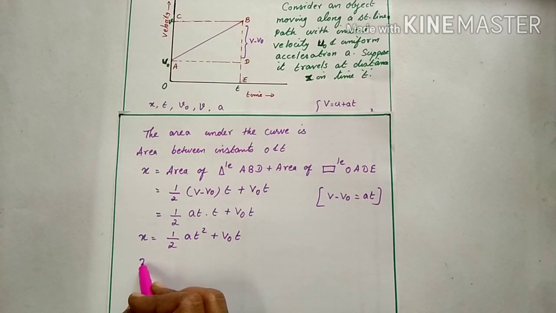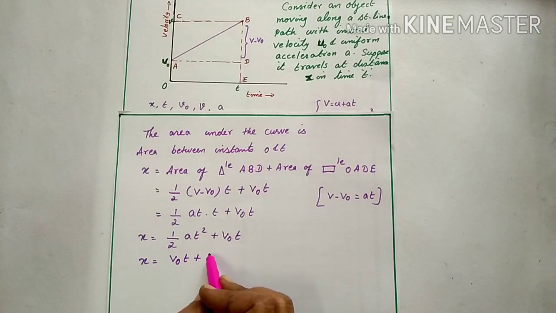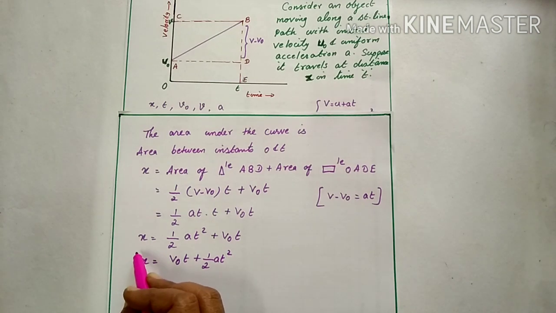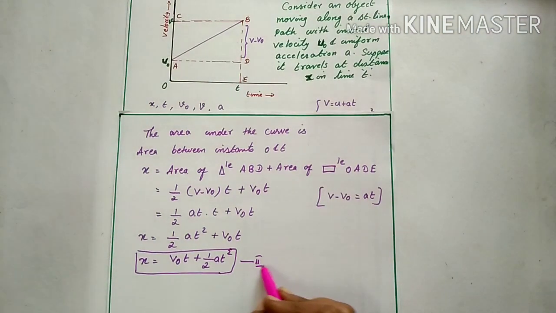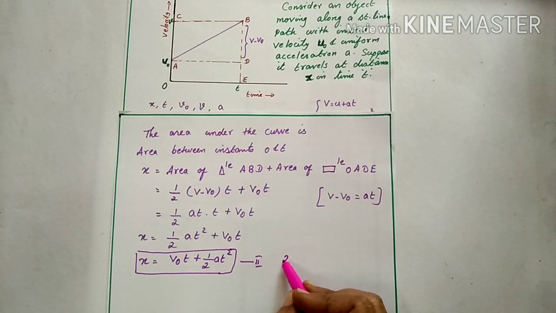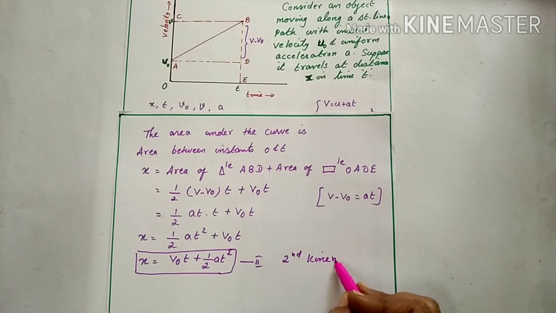Once again, x equal to v0t plus half at square. So this equation is known as the second kinematic equation.